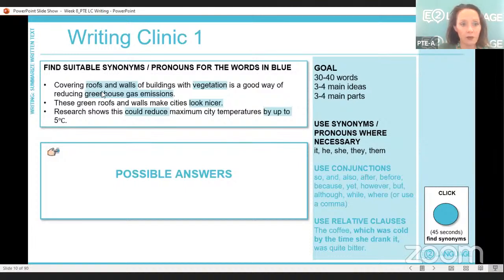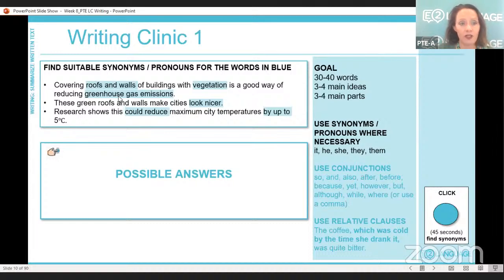Covering roofs and walls of buildings with vegetation is a good way of reducing greenhouse gas emissions. So in other words, putting plant matter, putting growing plants, some sort of plant covering, is a good way of reducing these CO2, these greenhouse gas emissions.